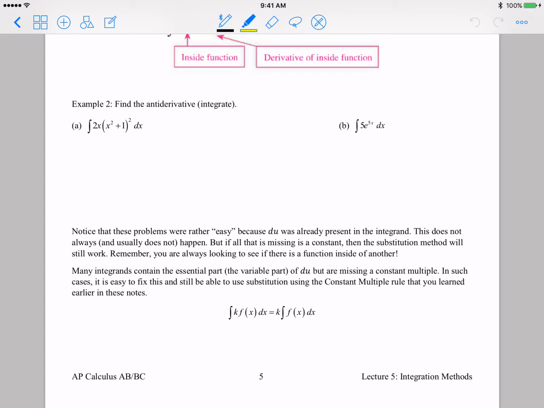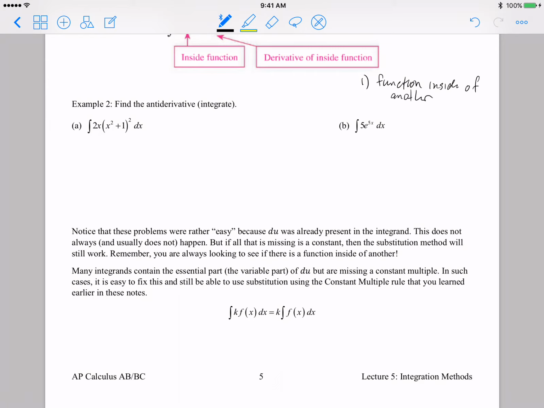Okay, so when I'm doing a u substitution, what I'm looking for is a function inside of a function. So I'm going to write that down. The first thing I'm looking for is a function inside of another. That's the first thing I'm after. Okay.